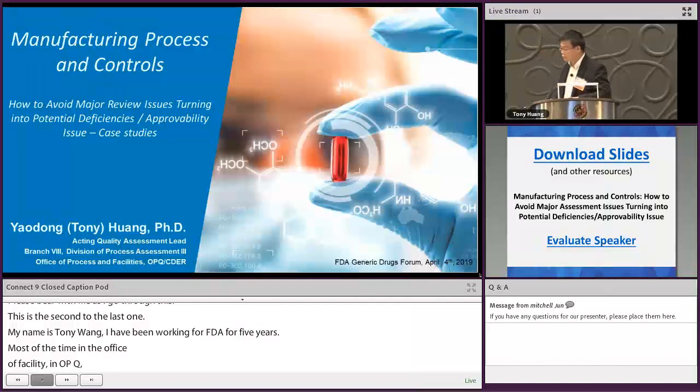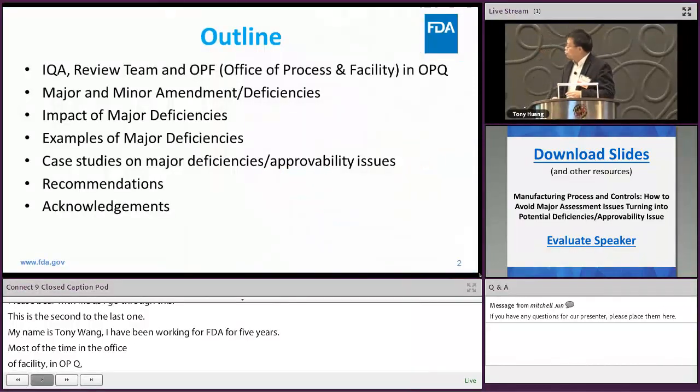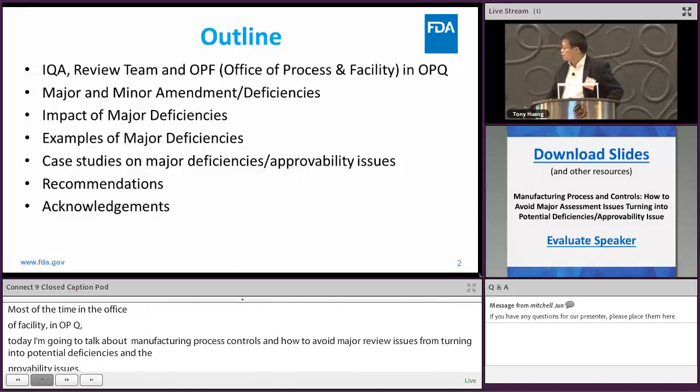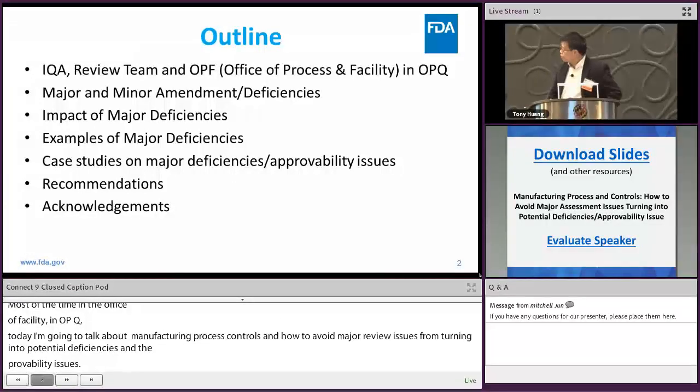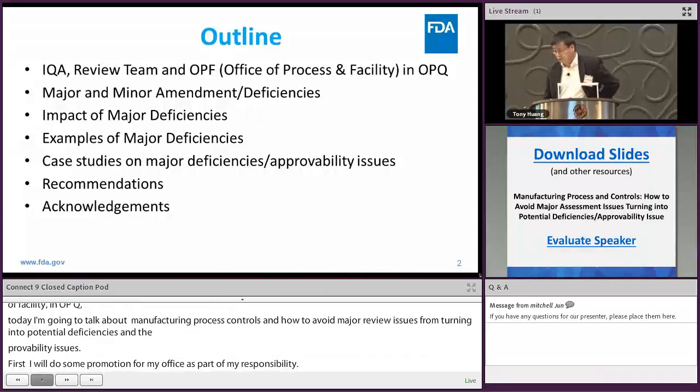Okay, here is what I'm going to go through. First, I will do some promotion for my office. That's part of my responsibility. Then I'll go through fairly briefly the major and minor deficiencies, their definitions, and some examples.